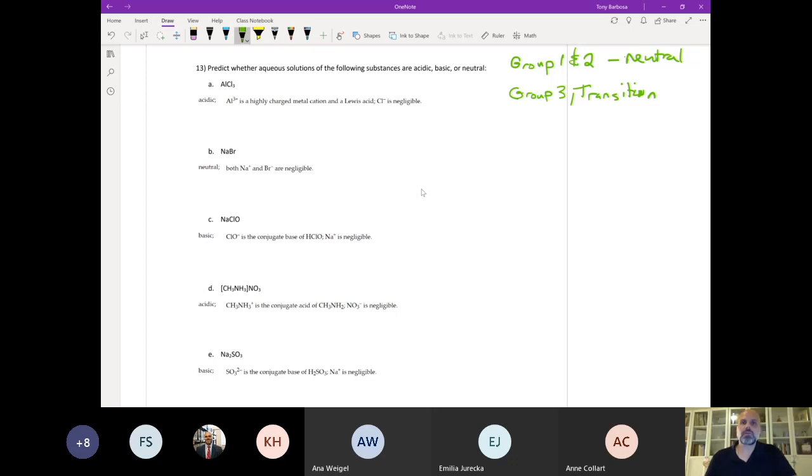Because you have the aluminum 3+, this is going to react with water, and it can form these aluminum hydrates. They can basically form, it doesn't have to be 3, but I'm just drawing 3 here.